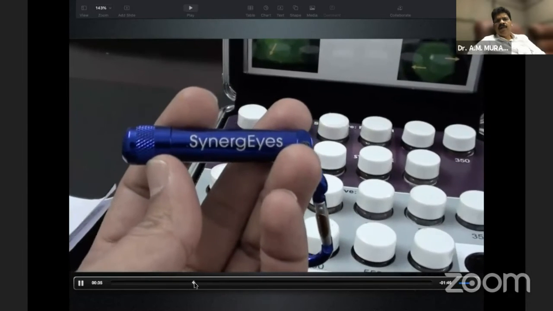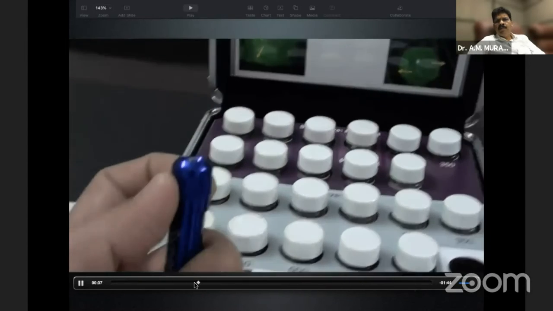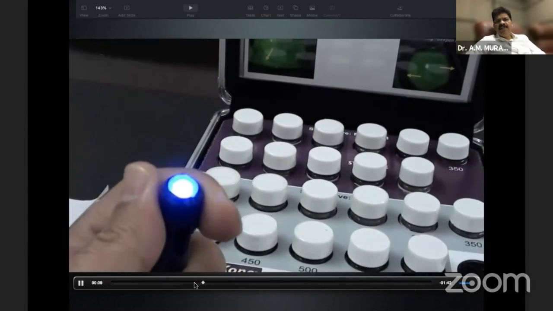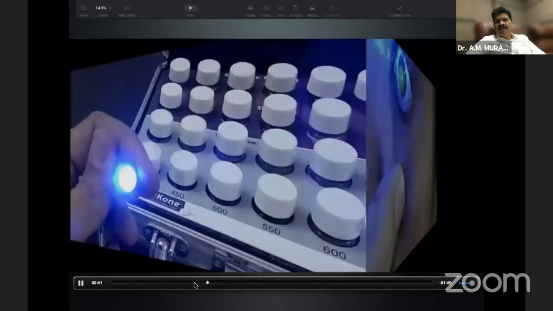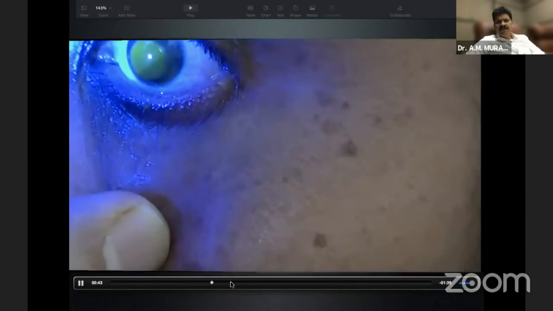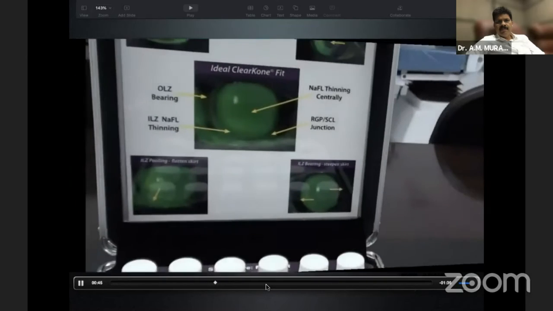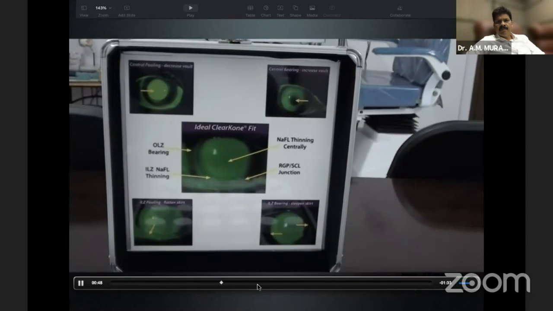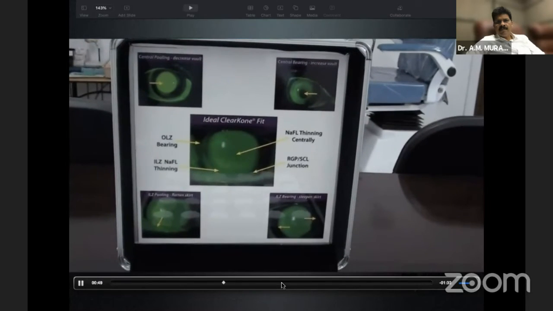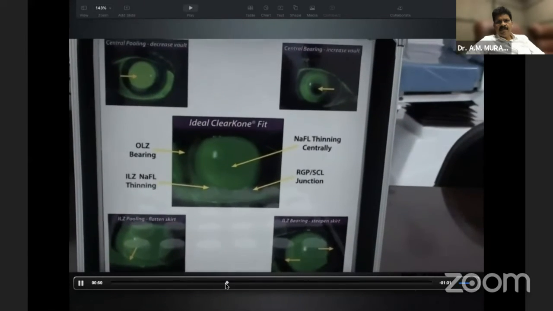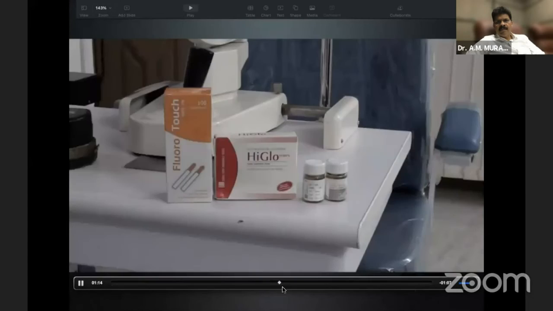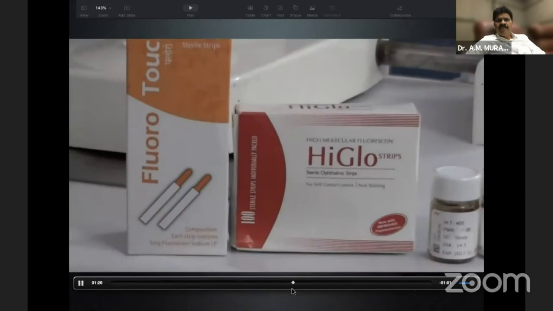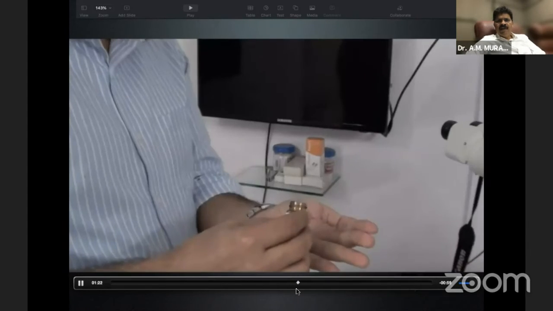You have the lens carrying case and also a cobalt blue torch, which helps in seeing the fit from outside using the slit lamp. This is the high molecular weight fluorescein I was talking about.